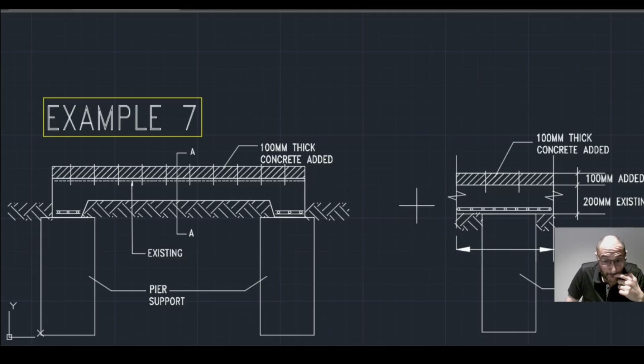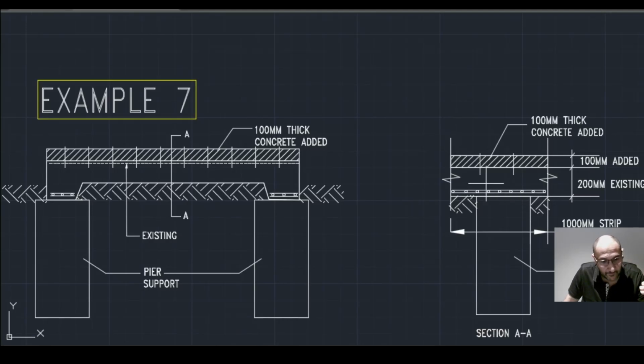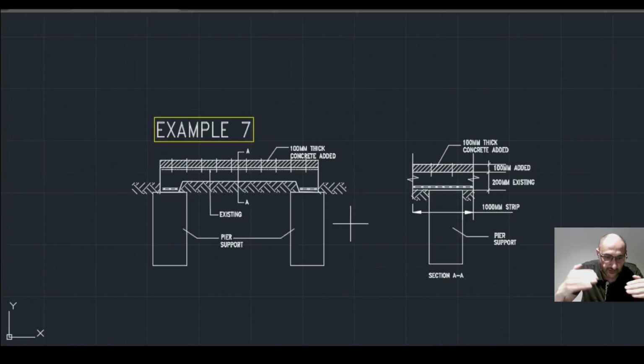To do this we need to calculate the shear stress between the existing and the additional concrete, then work out the shear flow per meter width of the slab. And once we get the shear flow, then we can determine the size and number of dowel bars required per meter run of the slab to unify these two sections into one piece.